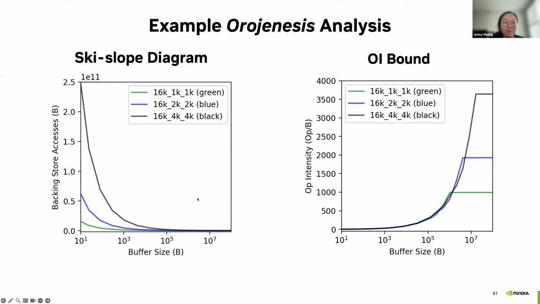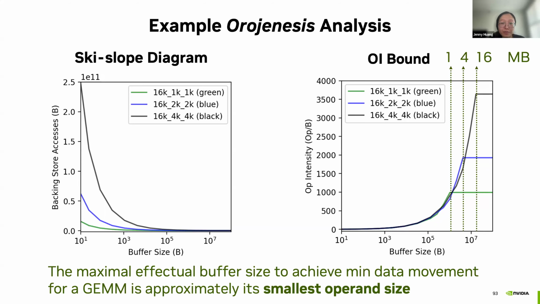So we might have a bunny hill green for the GEMM with the smallest weight tensor size, an intermediate blue terrain curve for the medium size GEMM, and a very steep black slope for the largest GEMM. We also observed that there's a power law decrease in all these bounds.